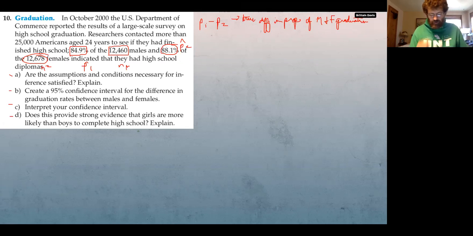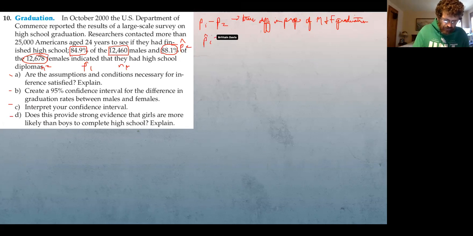We're going to be using p hat sub 1 minus p hat sub 2 to estimate that.